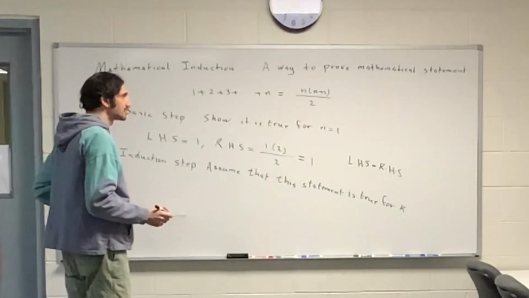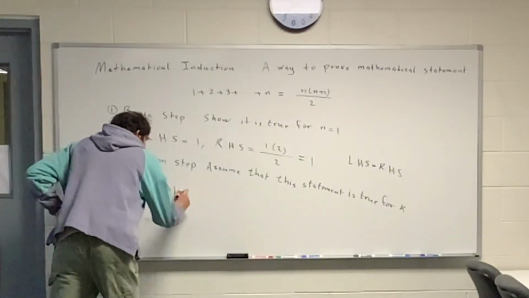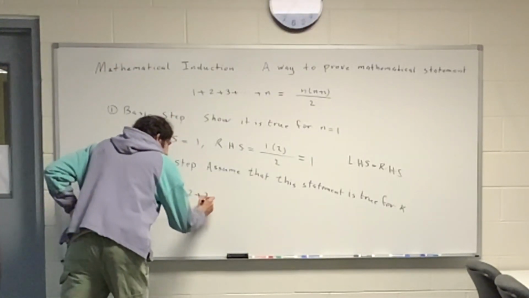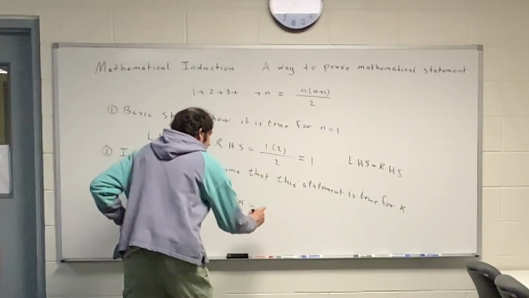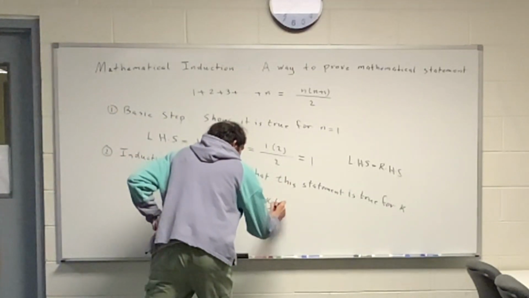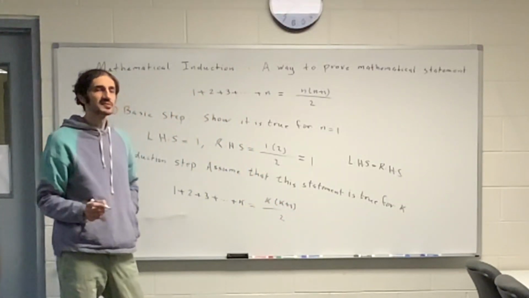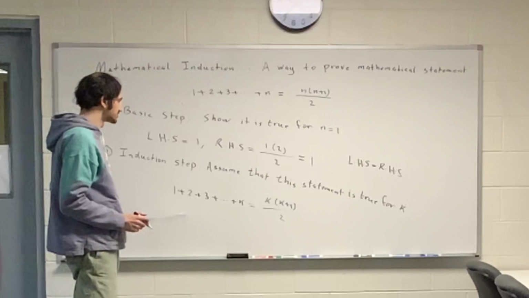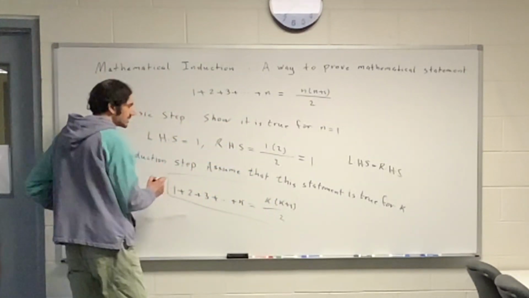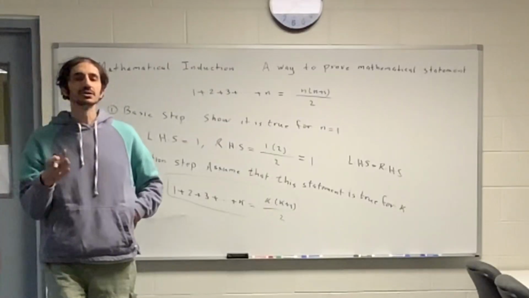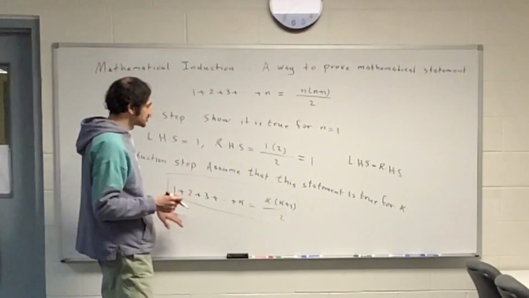And by this I mean, instead of n, if I plug k, I'm going to assume that the following statement, 1 plus 2 plus 3 up to k, equals k multiplied by k plus 1 divided by 2, is correct. And I will use this assumption to show that the statement is again correct for k plus 1. And this is what I'm going to show right now.